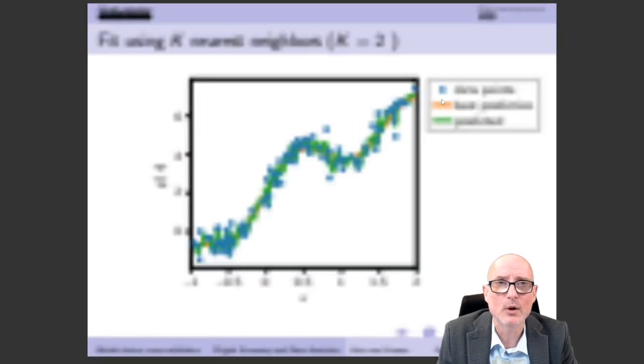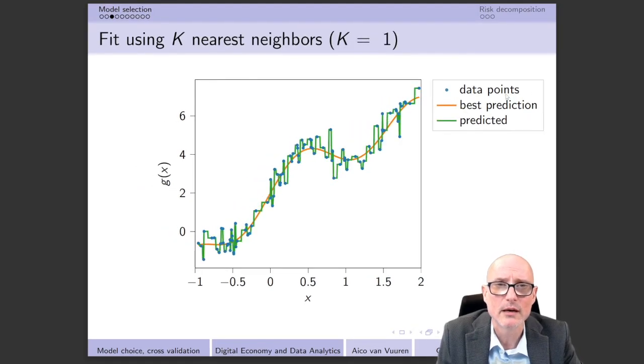And at the moment that we, for example, go back to this picture where k is equal to 1, you should realize that at the moment that we get a new data set, and we get an x value that is almost identical to, for example, the value that we have over here, then of course the question arises, does it make sense to expect that the new value of an x value that's almost identical to this one is another time going to be an outlier and is going to be as high as the one that we predict over here?